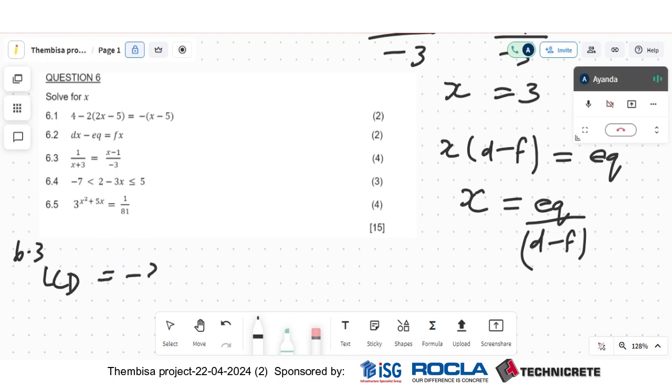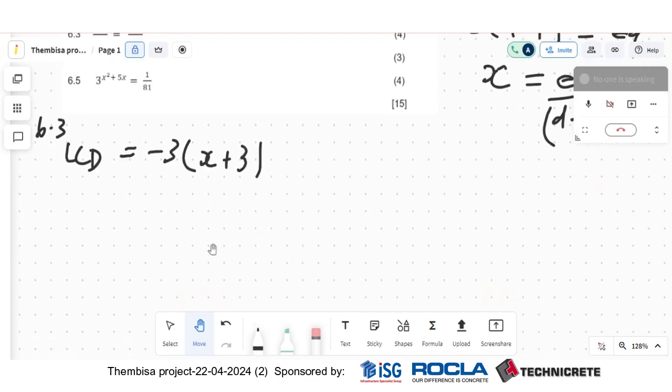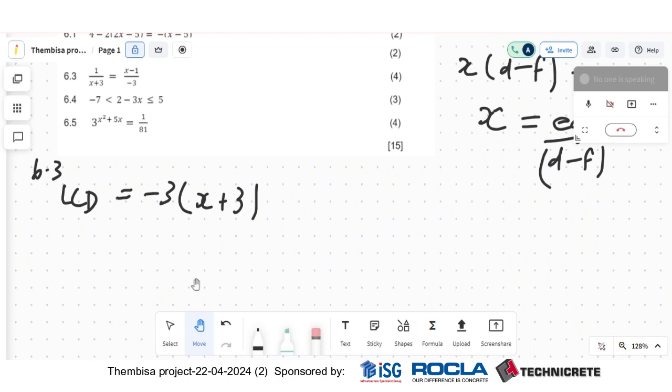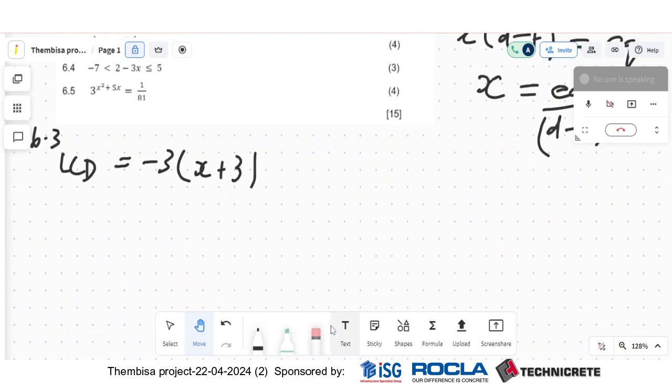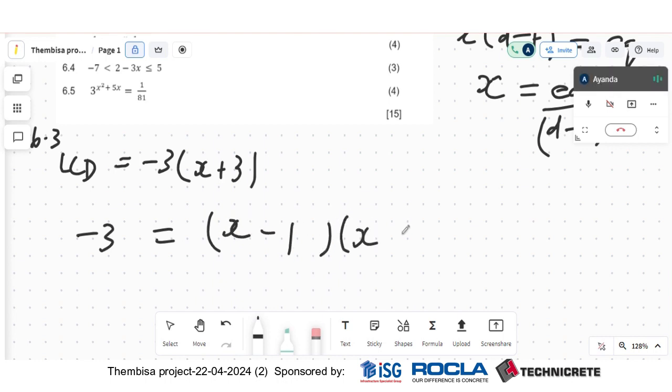LCD is going to be negative 3 times x plus 3. So we can rewrite this and have negative 3 on the left-hand side, and on the right-hand side, we can have x minus 1, x times x plus 3 from our cross multiplication.